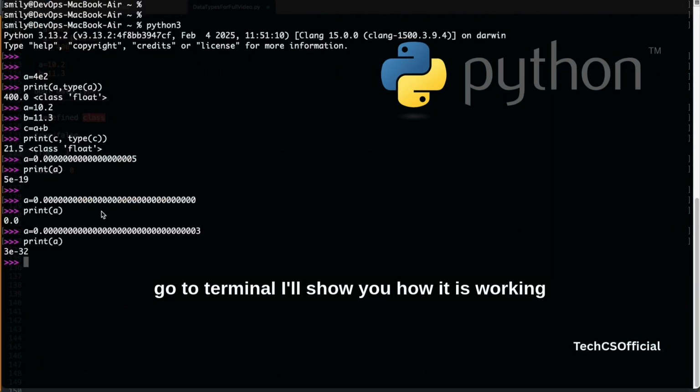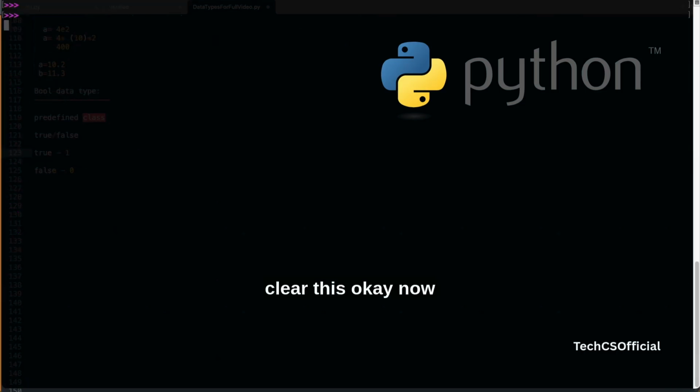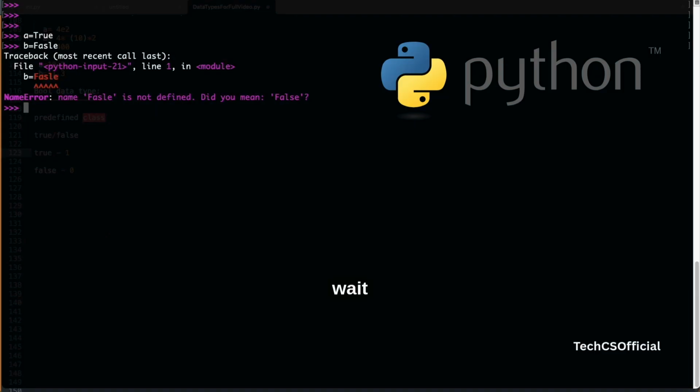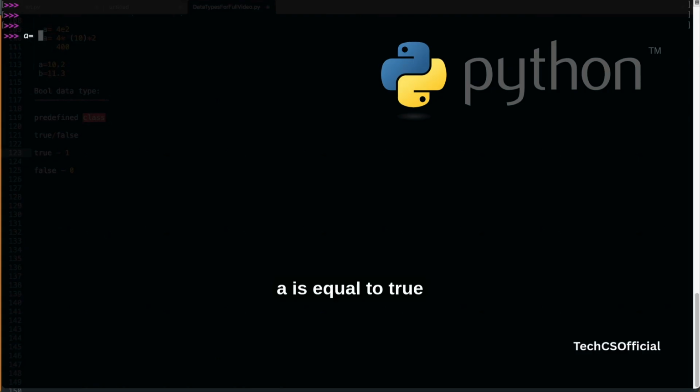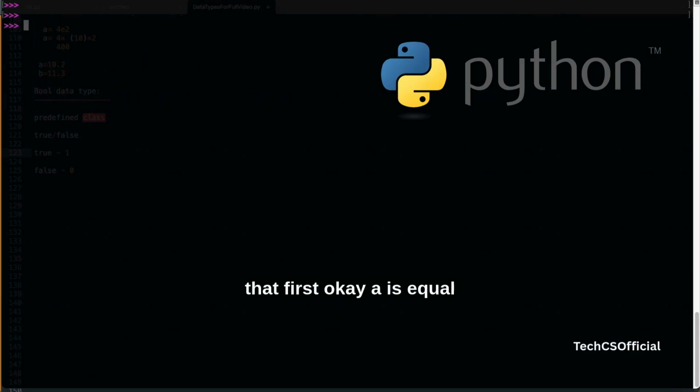So move to the terminal, I'll show you how it is working. Now we clear this. Now a is equal to capital True, b is equal to false. Wait, false is wrong. Clear this. a is equal to True, and b is equal to False.